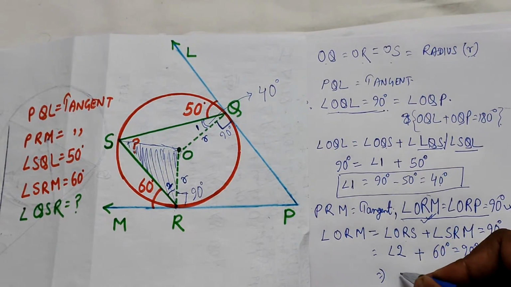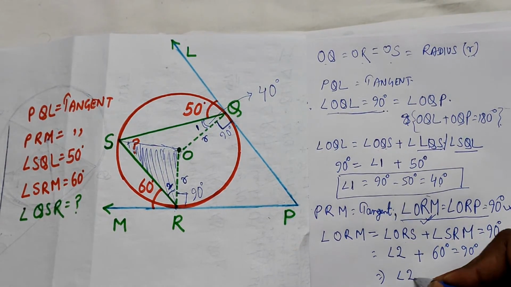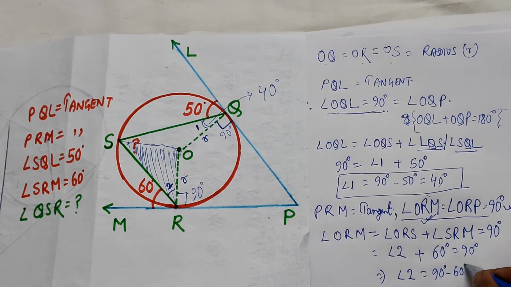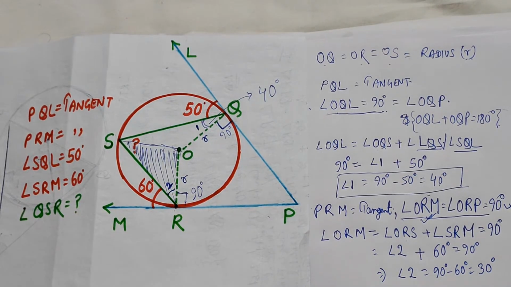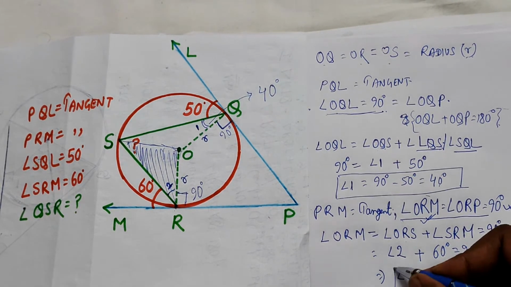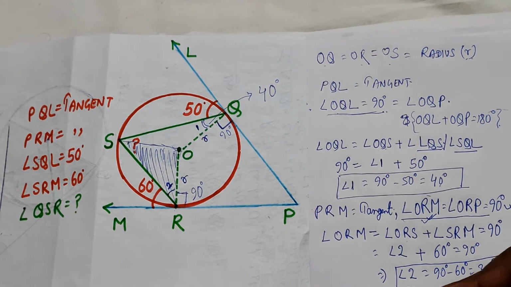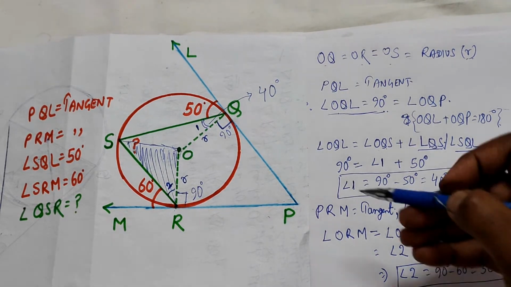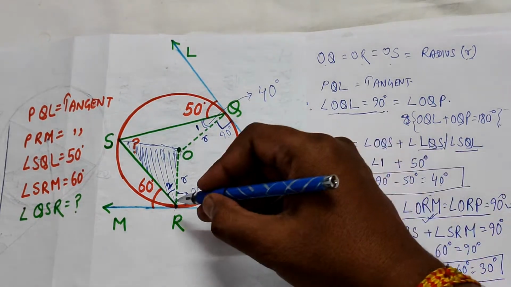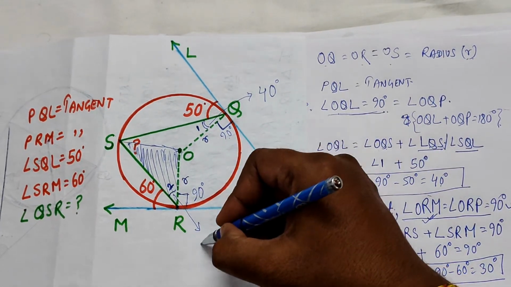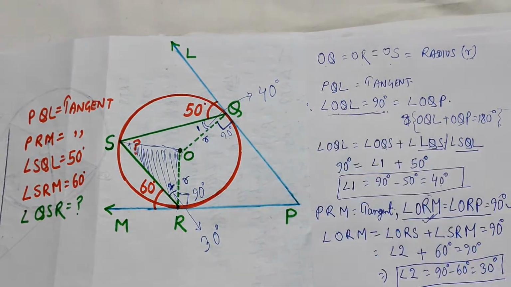That means angle 2 is calculated as 90 degrees minus 60 degrees, which is equal to 30 degrees. So this is the evaluation of angle 2, which is in this shaded triangle. So I'm writing it over here, angle 2 as 30 degrees, right?